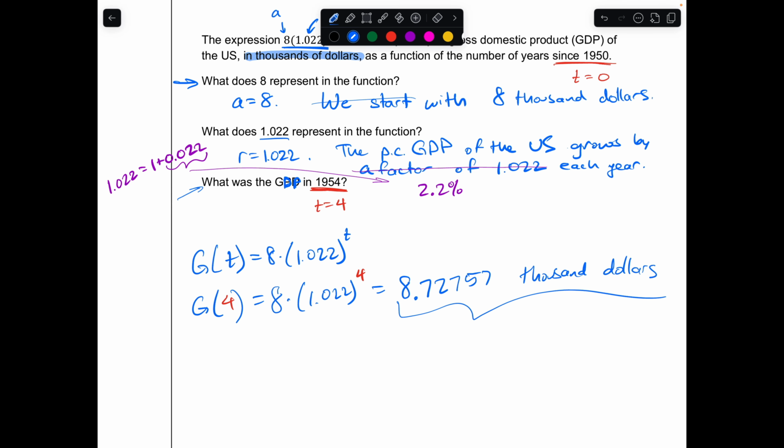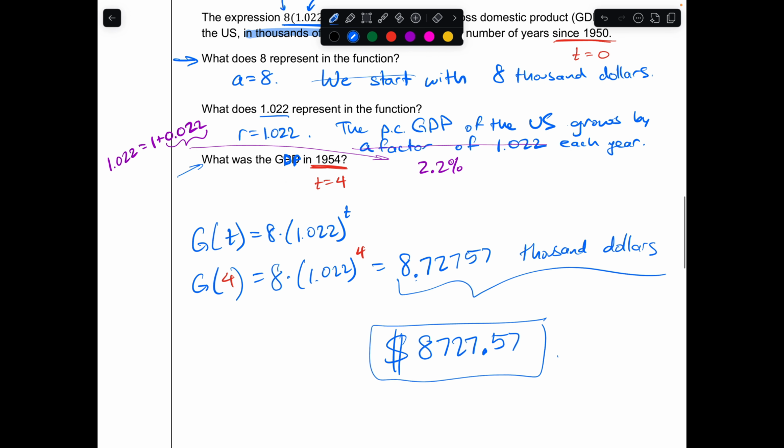We move the decimal over, that's $8,727.57. So our per capita GDP in 1954 was about $8,727.57.